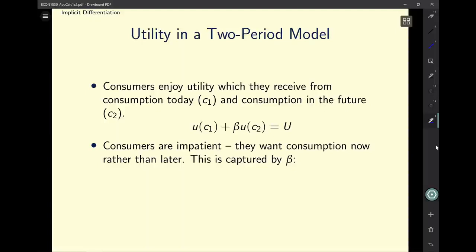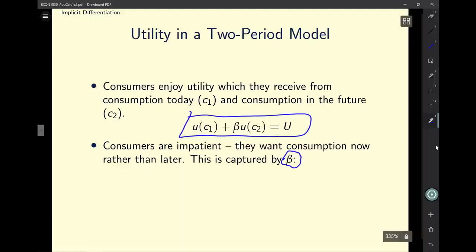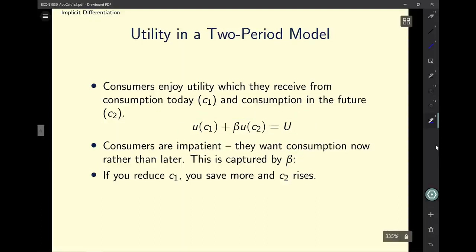And so we capture this with this beta, which you can see in the expression here. And I'm going to come back to this function that we have and talk about what it means in a minute. But before we talk about that function, I want to point out to you that how much you consume in the future depends on how much you consume today.